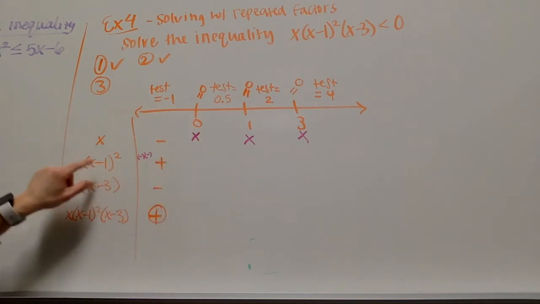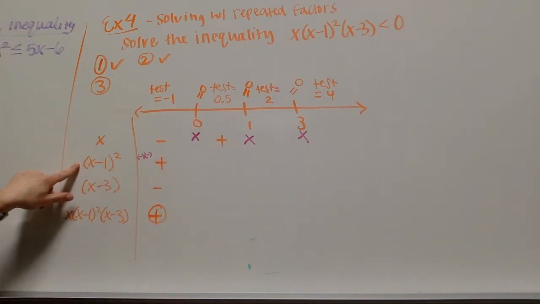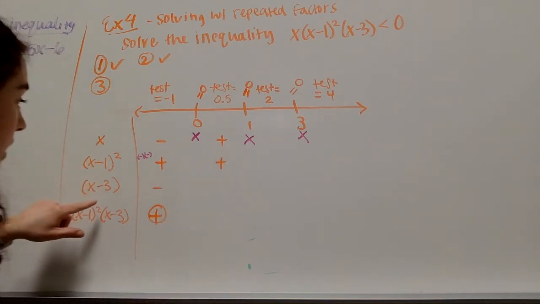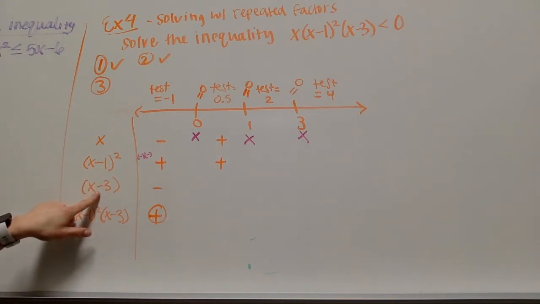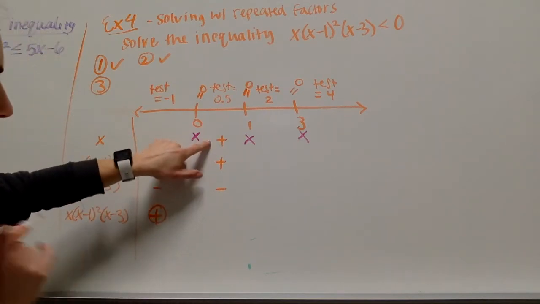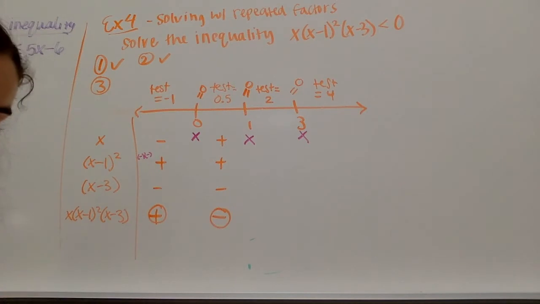Plug in 0.5 for x, you get a positive 0.5. Plug in 0.5 for the x minus 1, you get a negative, but squared becomes a positive. Any of these squareds are going to be positives. 0.5 minus 3 is -2.5, so our final answer is a positive times a negative, which gives us a negative.